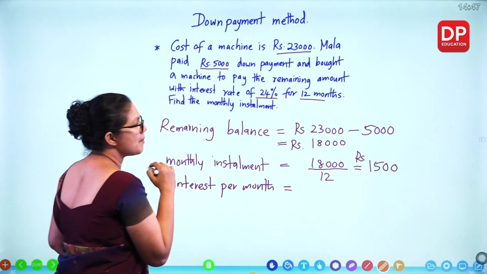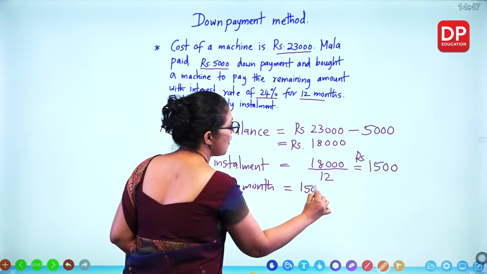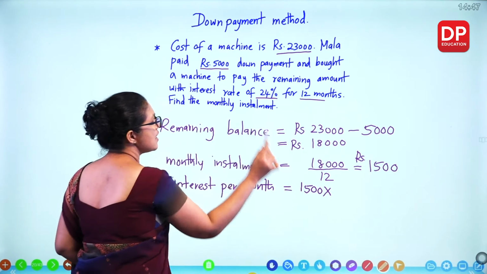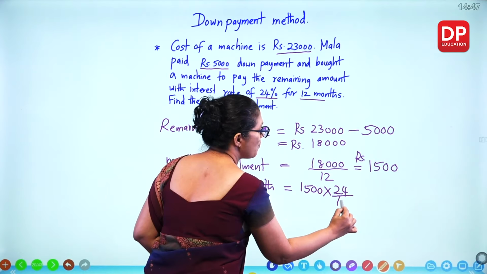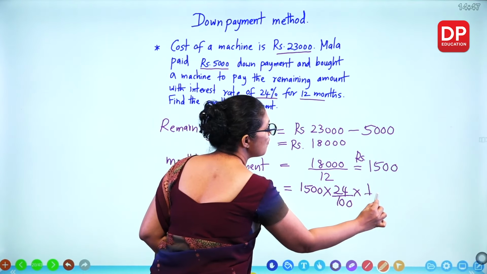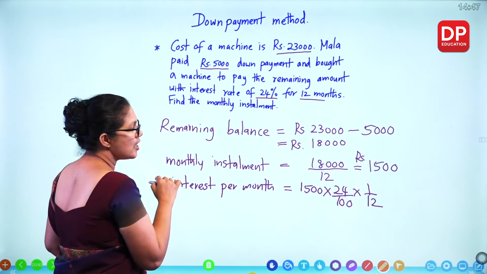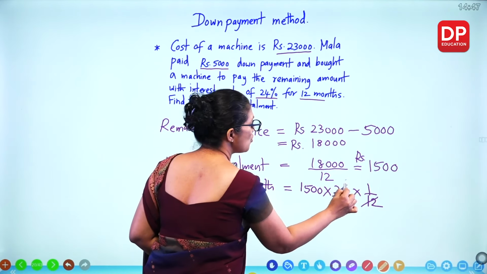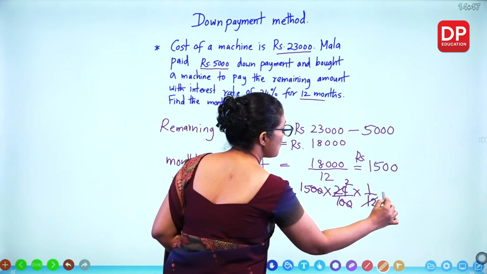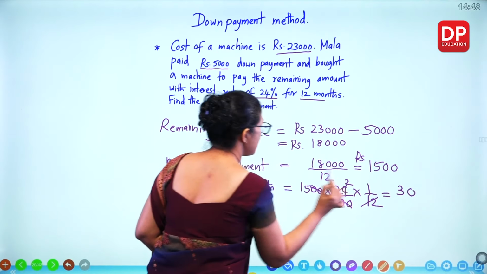So what's the interest per month? So for 1,500, what's the rate? Annually 24%, and for a month you divide by 12. 12 times 2, 2 times 15, 30 rupees.